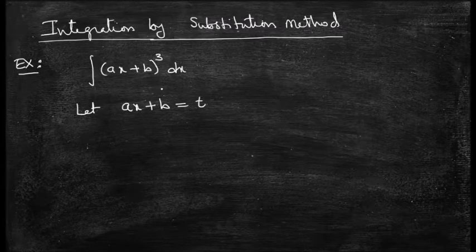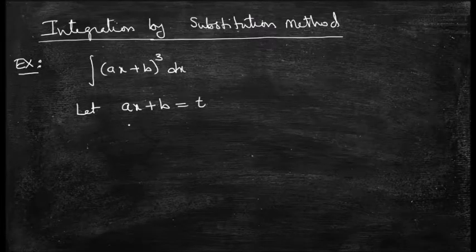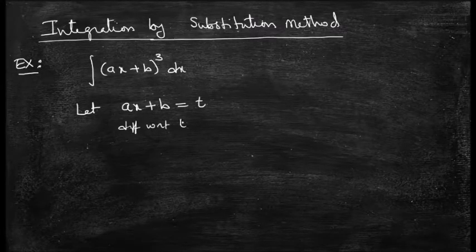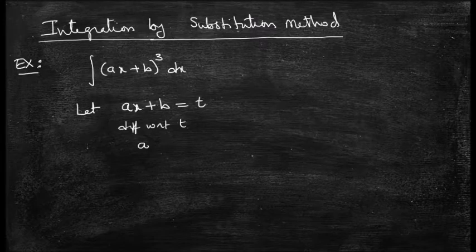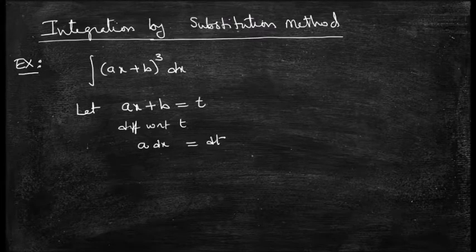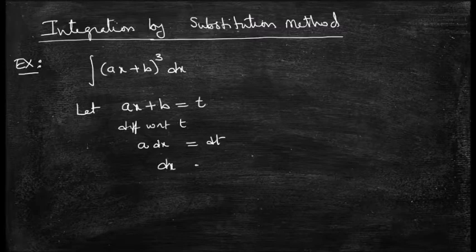So to do so, I am differentiating with respect to t. Not necessary to write every time, but for the first time, I am writing it. So a dx is equal to dt. So dx is equal to 1 by a dt.